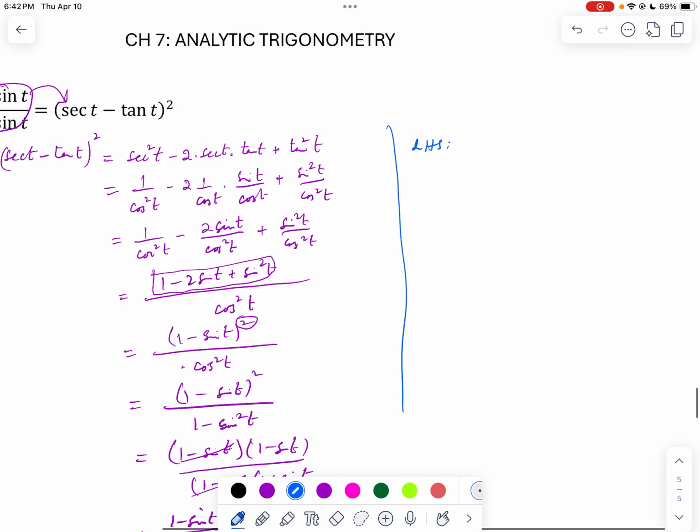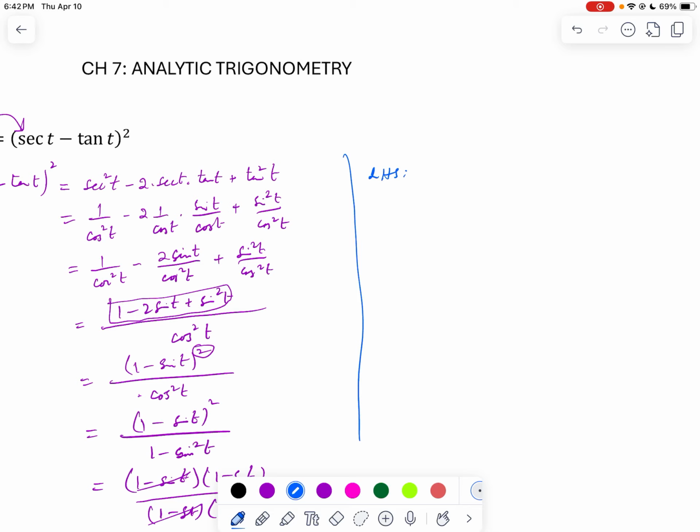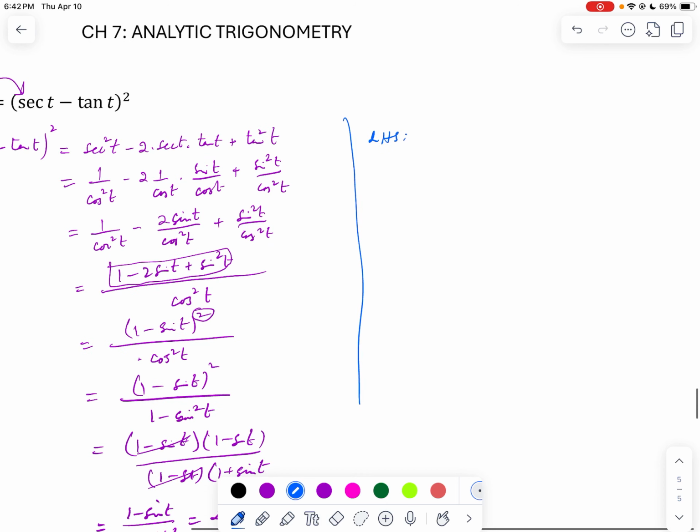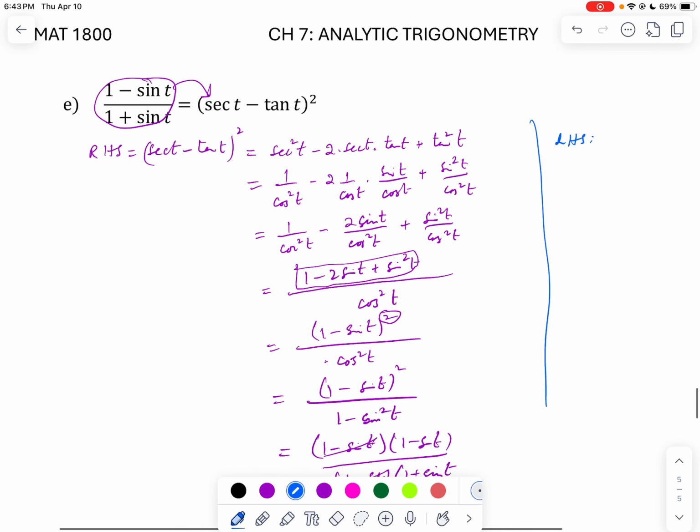This is something I mentioned earlier in the basic principle of simplifying expressions, that whenever you see a factor of 1 plus sine t or 1 minus sine t or 1 plus cosine t or 1 minus cosine t, we multiply by the conjugate.